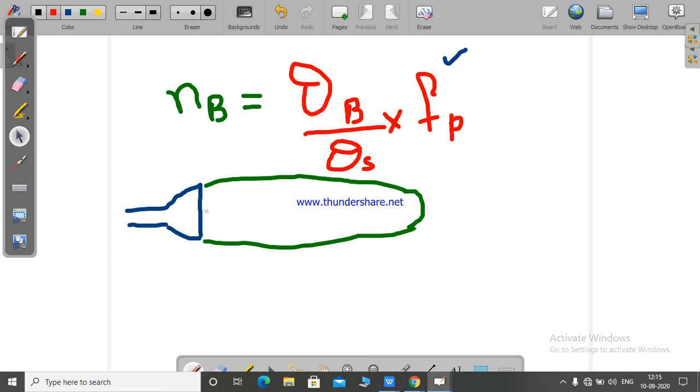We can take the beam width. This is the beam width, theta, in terms of degrees.